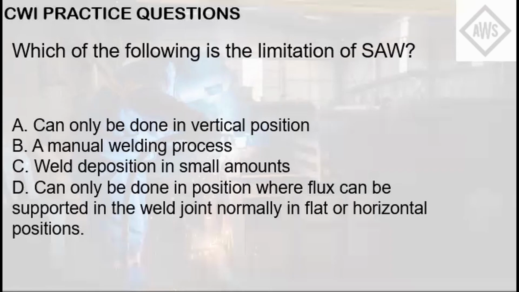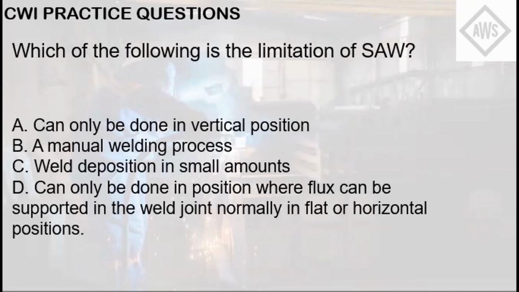Letter B, a manual welding process. As I alluded to earlier, it can be considered a semi-automatic or automatic process because you can control the wire feeding and the travel speed. So letter B is not correct. It's not a limitation because it's an automatic process. Letter C, weld deposition in small amounts.